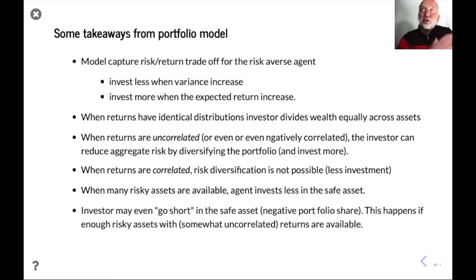These are trivial things, but it's good to see that our objective function captures that the utility function is well specified: a risk-averse agent invests less as variance increases, invests more when the expected return increases, and if you become more risk-averse, you put more money in safe assets, things like that. So it seems like our model is well specified in terms of describing economic behavior that's very intuitive.